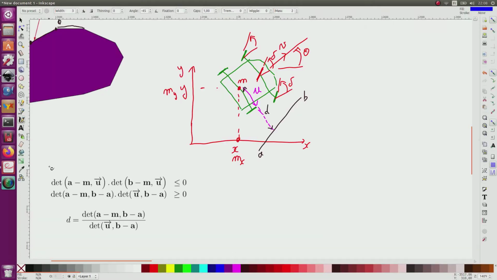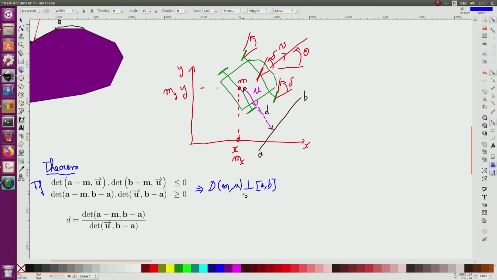So we have to prove the following theorem. If we have this, then the half line D starting from M with the direction U intersects the segment AB.